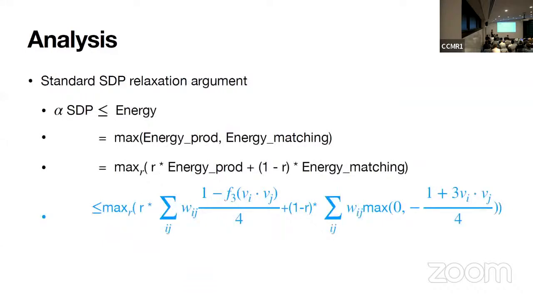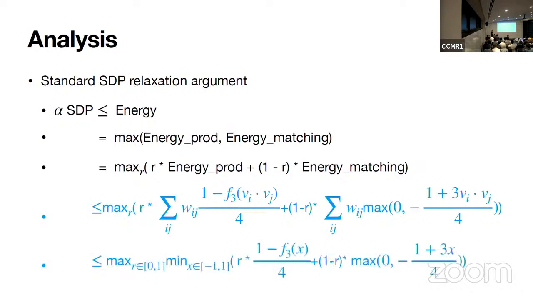And finally, just sum the two terms. By taking the worst case of the Vi dot Vj product, you can get rid of the summation over edges, and you can just compute this closed form formula to get the ratio.